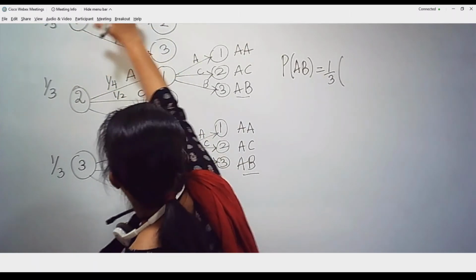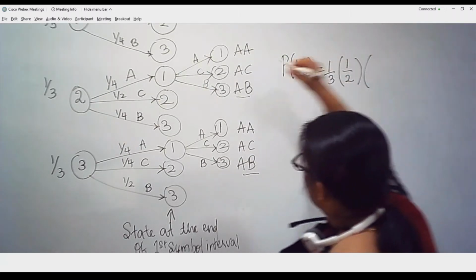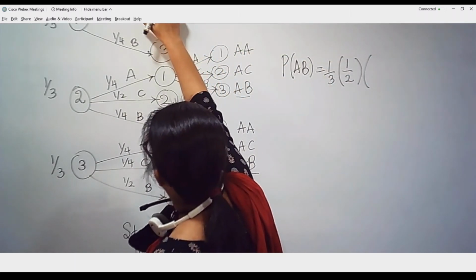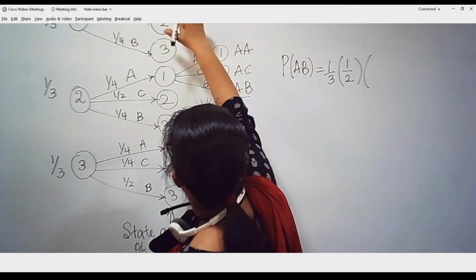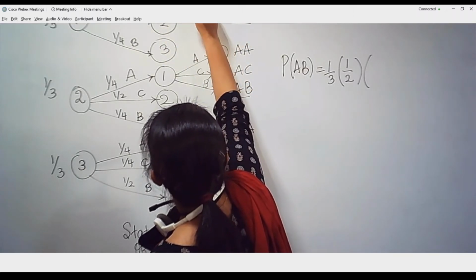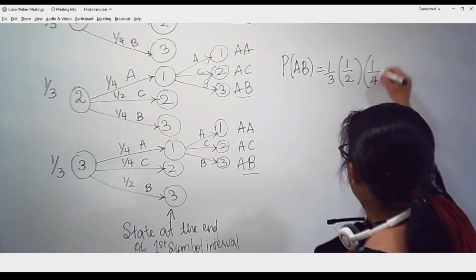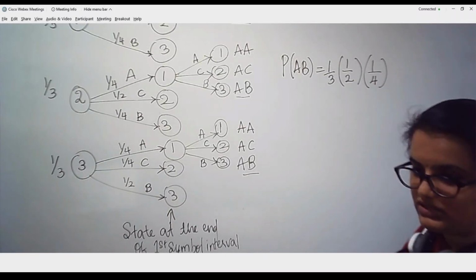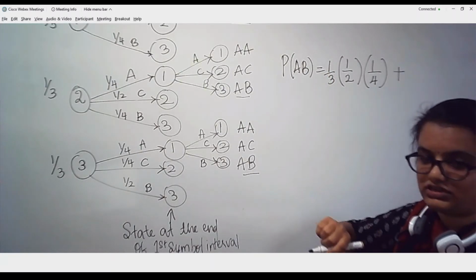It is half to get an A. So it is half multiplied by the probability that it will go from 1 to 3, because I am looking for a message called AB. So 1 to 3, and this probability will be equal to 1 by 4. So it is multiplied by 1 by 4. This is the first link, first transition.